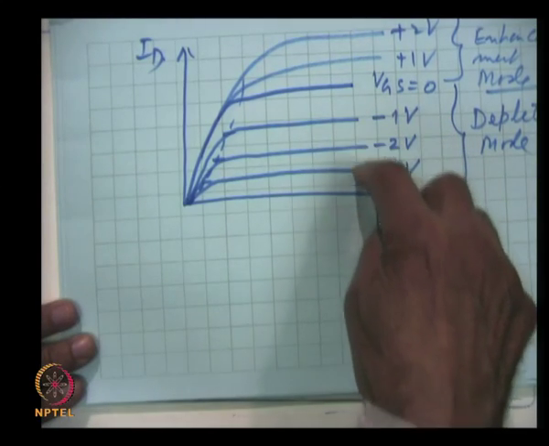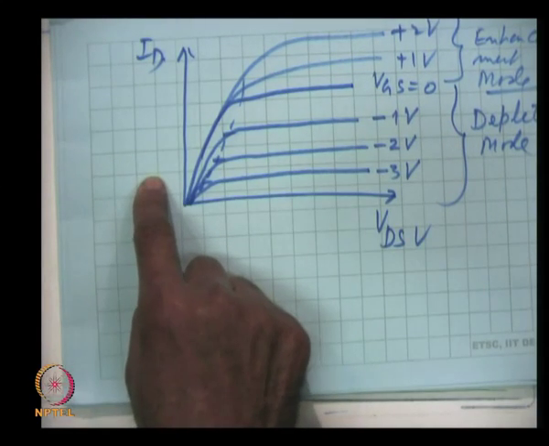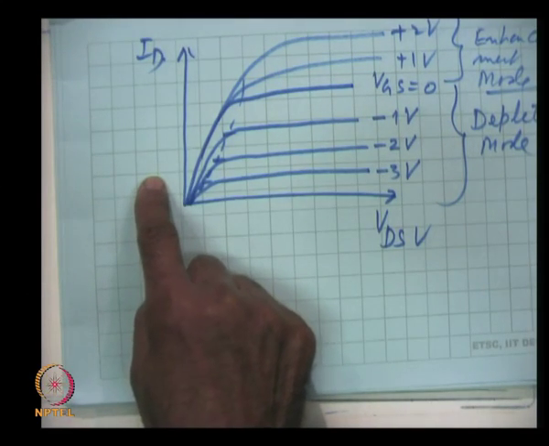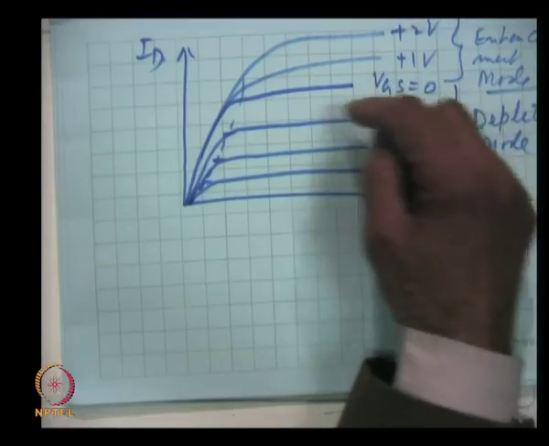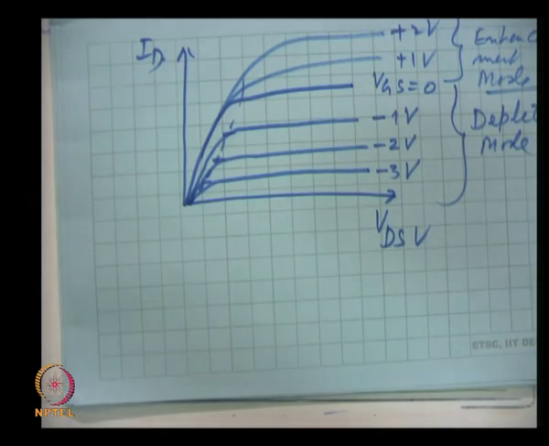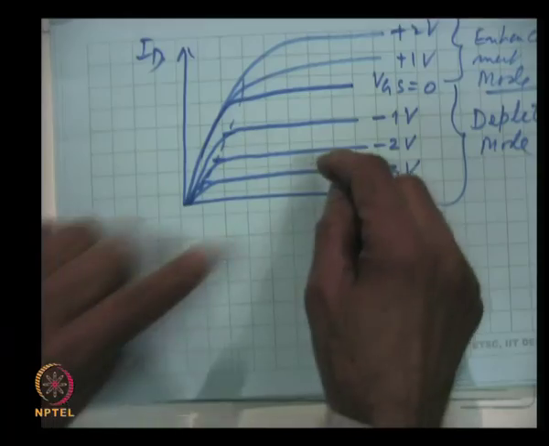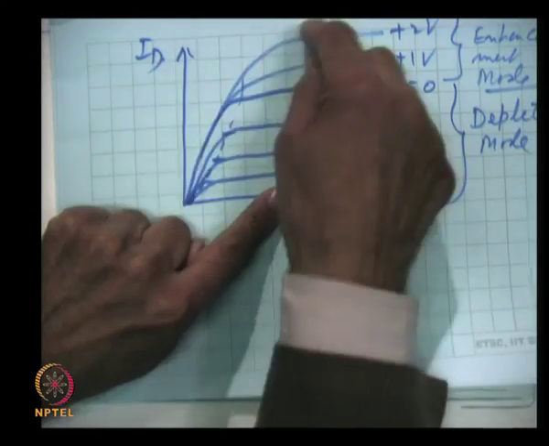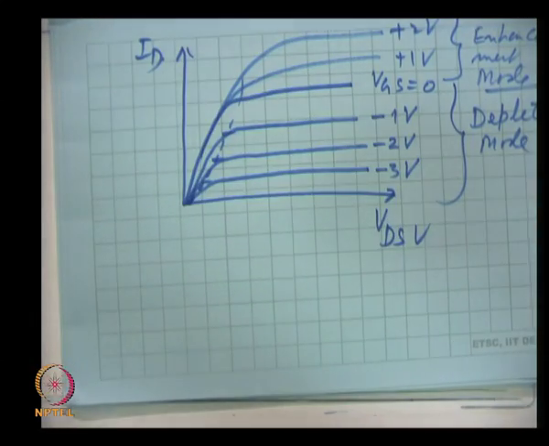If gate is negative with respect to source and you keep on increasing that negativity, current will fall, because the depletion region will penetrate more and more in that channel region, and by giving a positive voltage, more negative charges will be induced by the field in the channel region, and the conductance will increase. So, for the same voltage, more and more current will appear here.